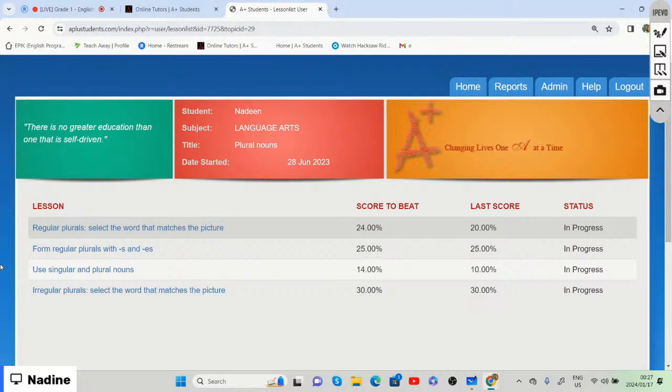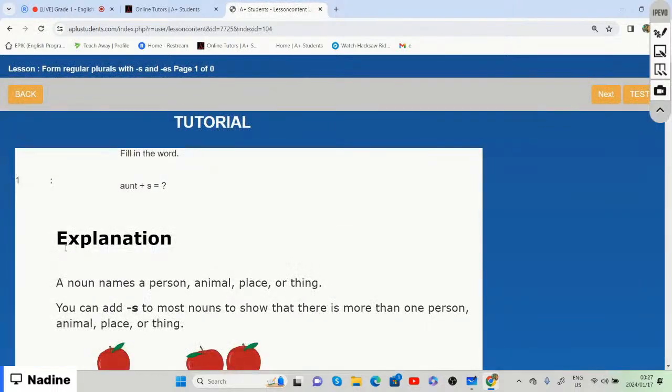All right. So now we're going to form regular plurals with S and ES without the pictures, right? So we're going to form regular plurals using either S or ES. And remember we said that when you either add an S or an ES.